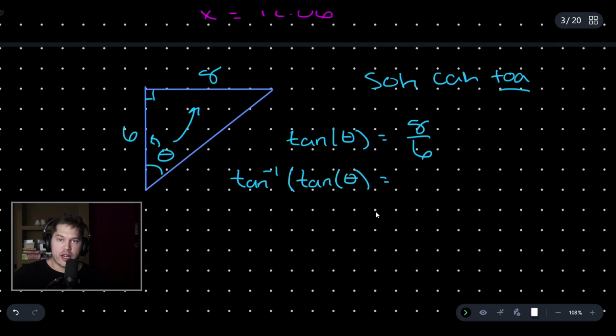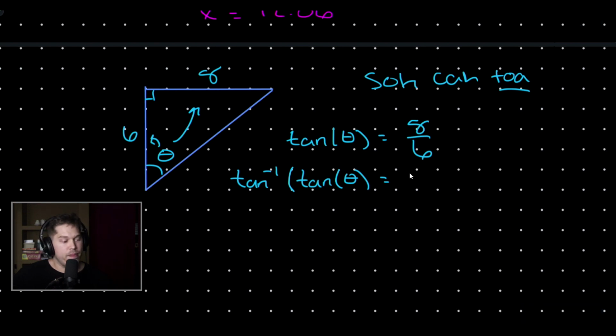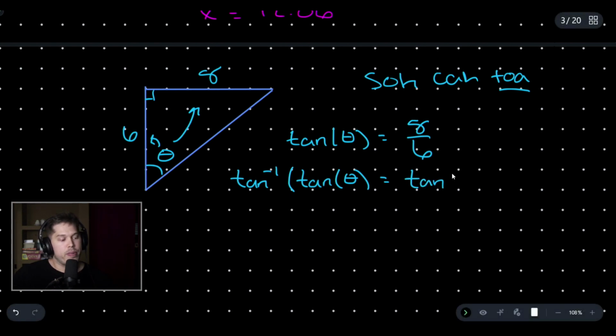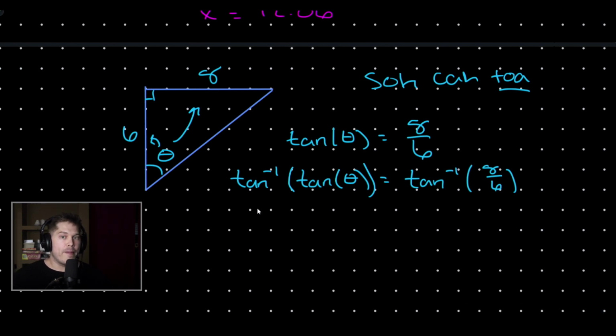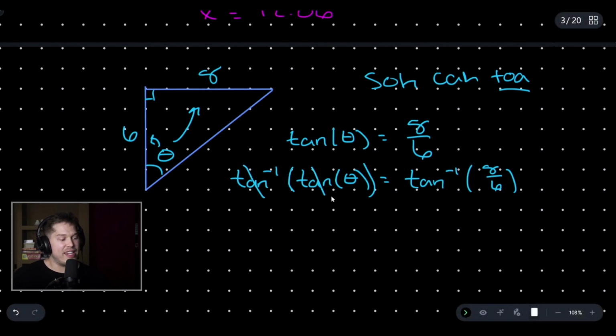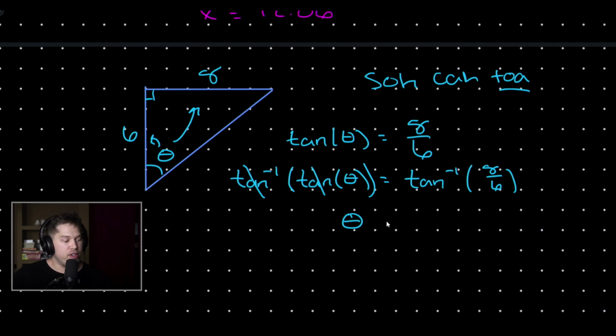What you do to one side of the equation, you must do to the other. So we're going to apply the inverse tangent function to both our left and right hand side. So these just cancel out and you're left with theta, the angle in question.